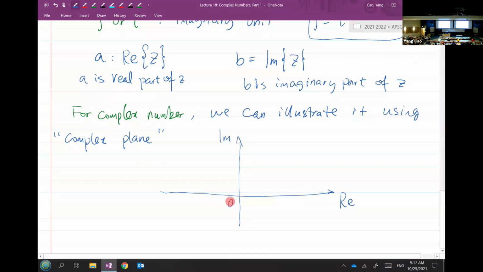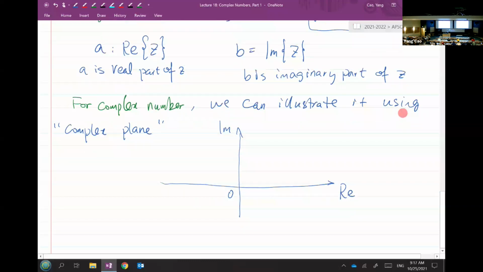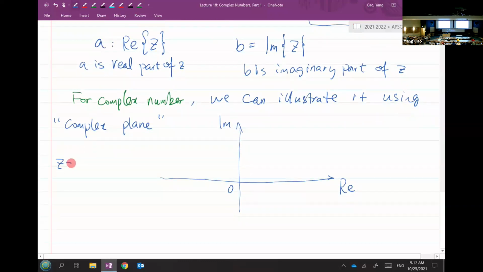Then if you have a complex number, for example, Z equal to A plus JB, whatever the A or B values are, you can go to this complex plane. The real part is A, so let's suppose A is here. The imaginary part is B, so let's suppose B is over here.